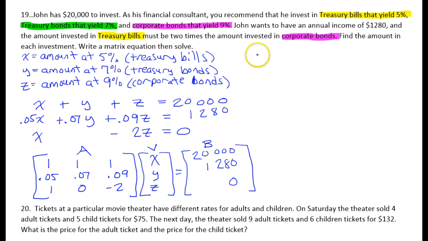So if I want to find matrix V, it should equal A inverse times matrix B. So let's type matrix A and B into our calculator so we can do this.